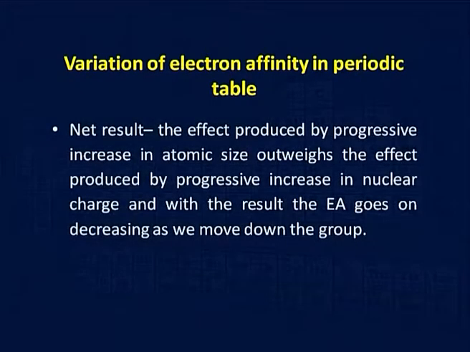So, when we move down the group, the net effect produced by the progressive increase in the atomic size outweighs the effect produced by the progressive increase in nuclear charge, and as a result the electron affinity goes on decreasing as we move down the group.